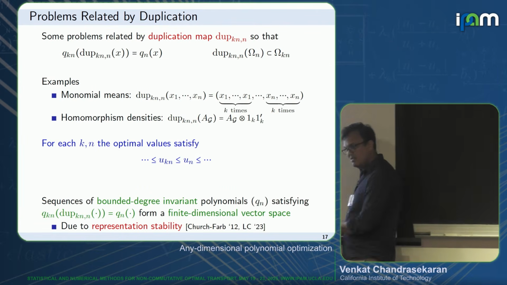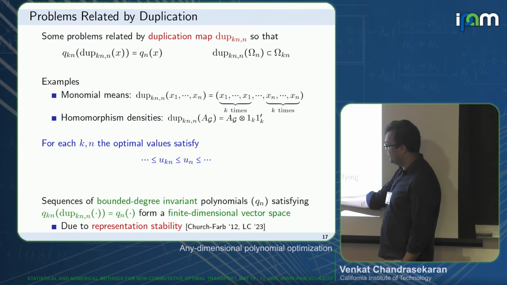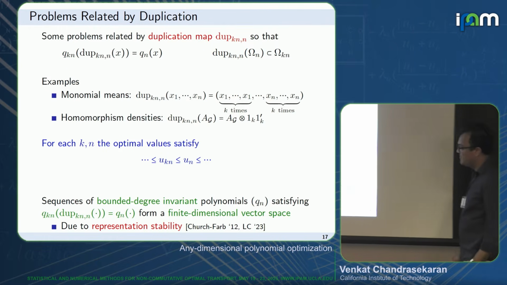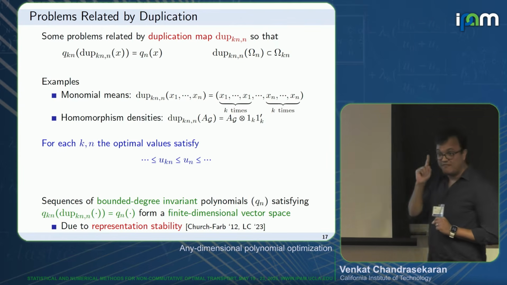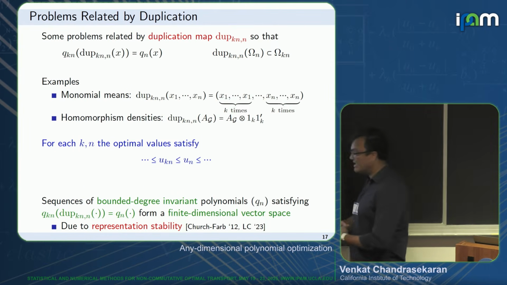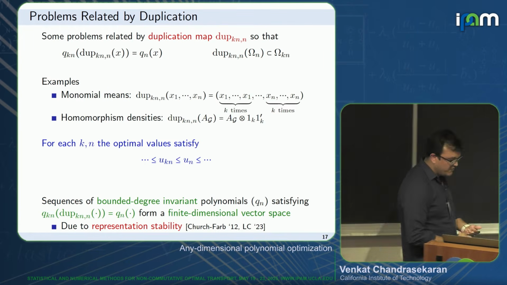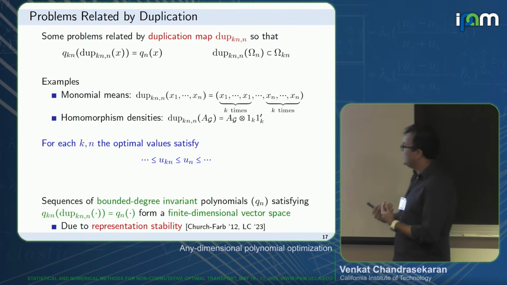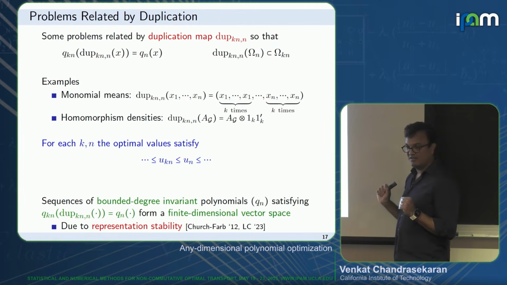It turns out that when you take sequences of polynomials that are bounded degree and invariant, and that satisfy this duplication relation, such sequences form a finite dimensional vector space. And this is a consequence of this phenomenon called representation stability, where you have a sequence of groups acting on a sequence of vector spaces, and the sequence of invariant spaces associated with the sequence of actions stabilizes in dimension.